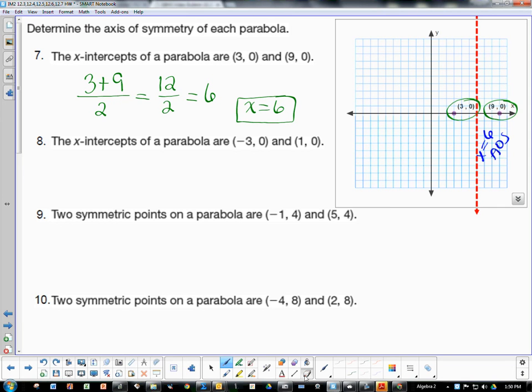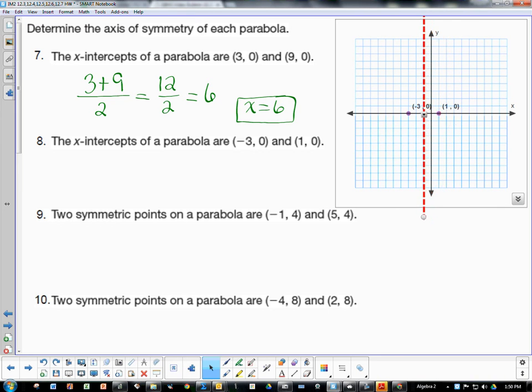Next one. Let's start over with our graph. It says here that we have x-intercepts at -3, 0 and 1, 0. So -3, 0 is right here, and 1, 0 is right there. Let's move this axis of symmetry to right here.